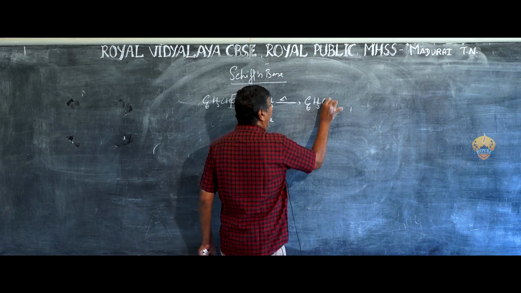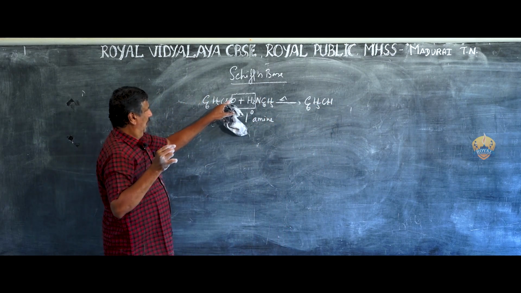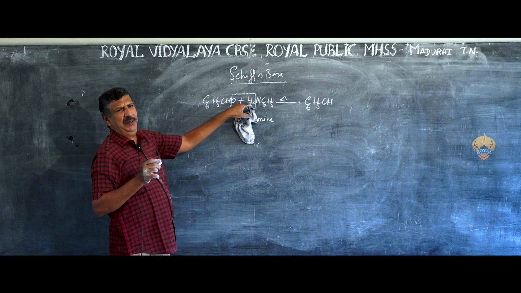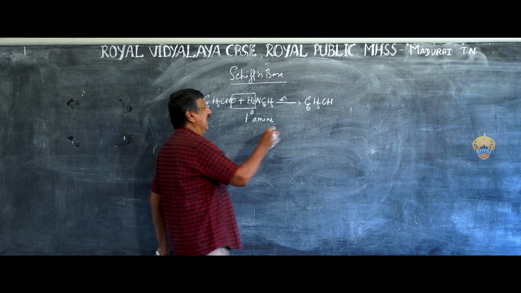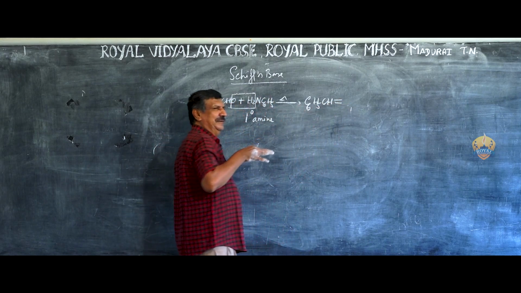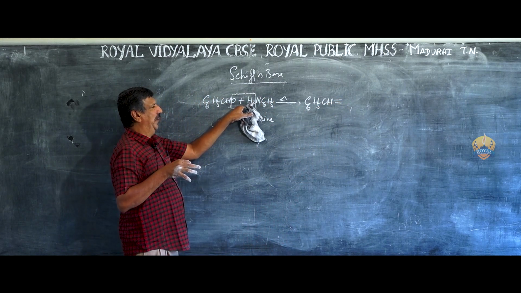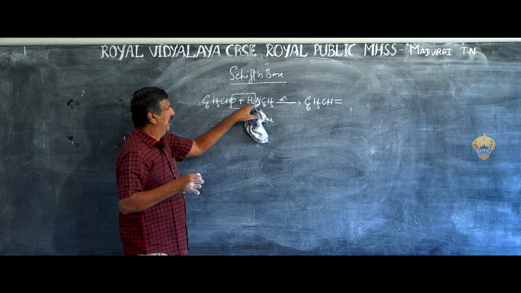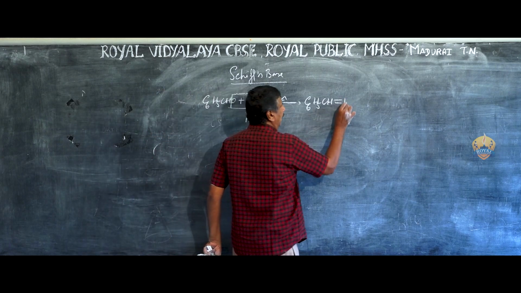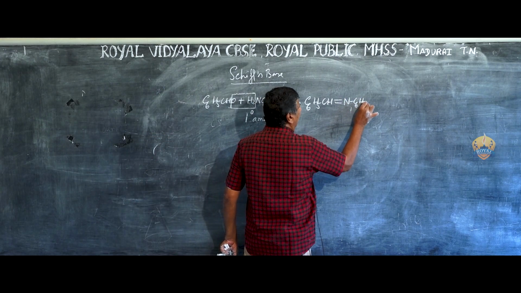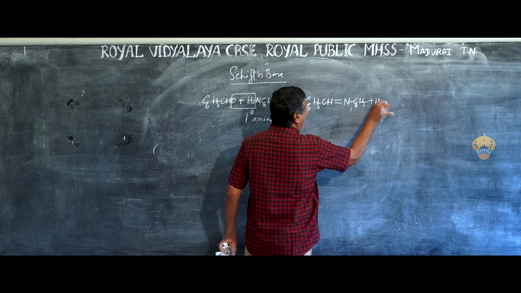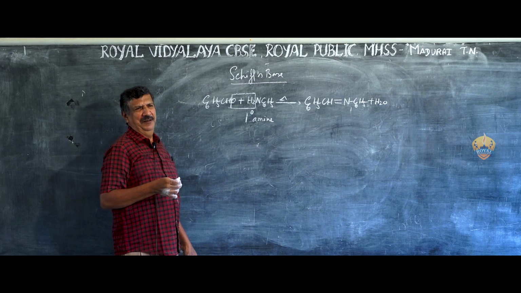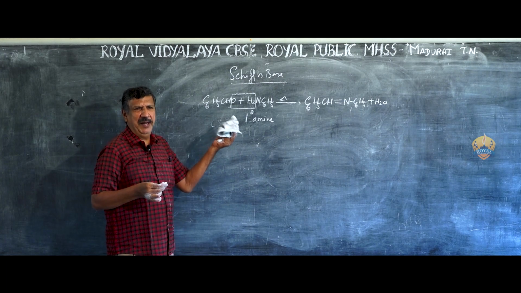C6H5, CH, O is removed, H2 is removed. Since you are removing 2 hydrogen, what should you do? You should create a double bond. That is a technique. When you remove 2 hydrogen it means a double bond. When you remove 1 H it means a single bond. Then what is the next one? N, C6H5. That's all. Don't mix up all these compounds. This is called a Schiff base.